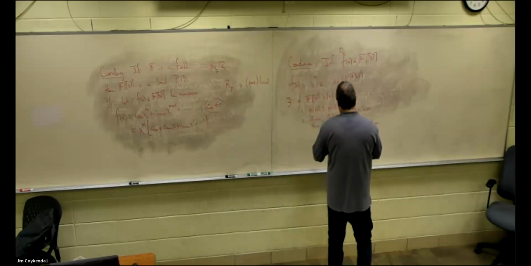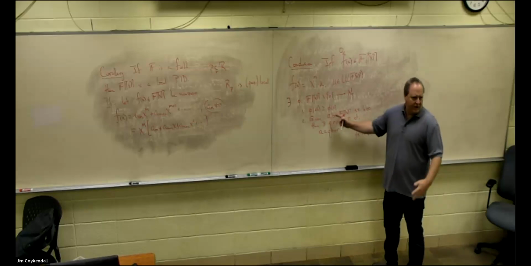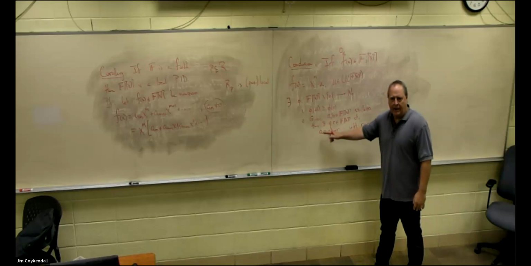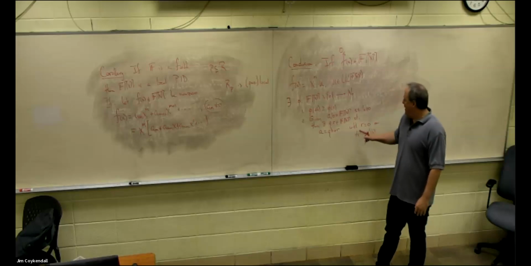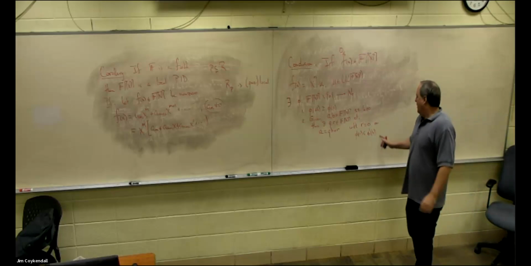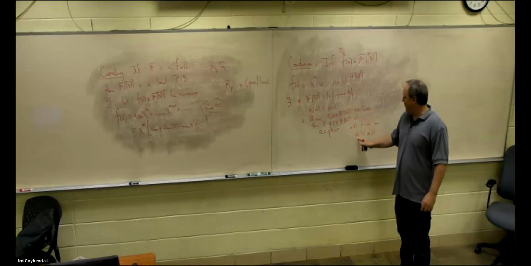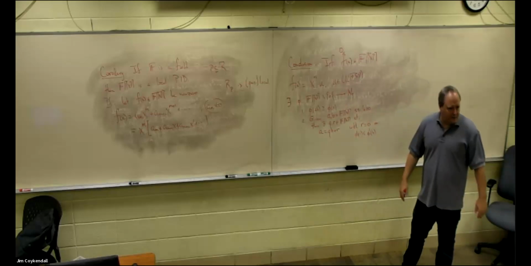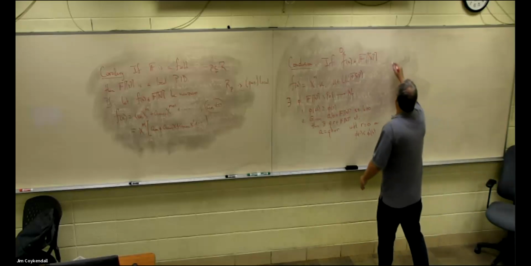So if I give you two random elements in the power series ring, where B is not zero, I don't want to try to divide by zero, then I can divide A by B, giving a quotient of Q and a remainder of R. And either R is zero, so B completely divides A, or the size of R, measured by this little Euclidean function, is less than that of B. So I've got this down to a remainder that's smaller than what I divided by. Right? Now, here's the scoop.